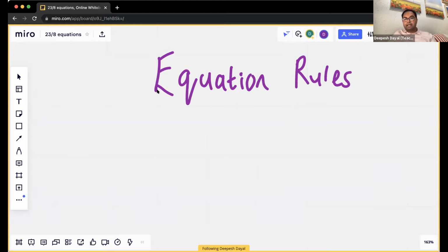Today, we're going to be looking at plus and minus as well as times and divide. When you have an equation, it usually has an equal to sign in the middle. So plus becomes a minus when we take it over, and when we have a minus, when we take it over, it becomes a plus. So plus becomes a minus and a minus becomes a plus. So these are the rules.